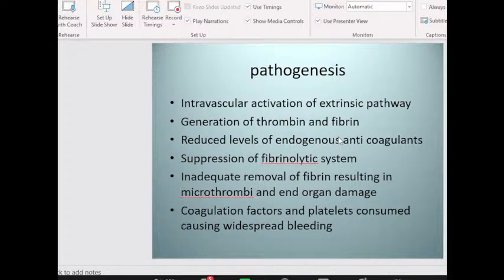So it is an acquired syndrome. It is not inherited. Just to digress, it is not an inherited condition. It is an acquired disorder of hemolysis.